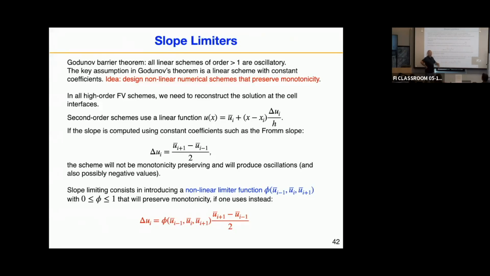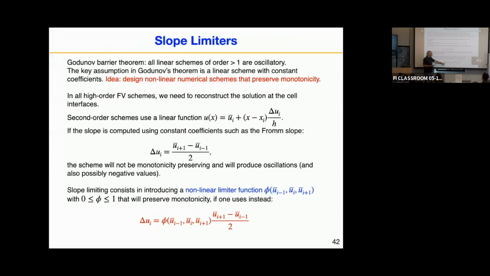Okay, and now of course we have to find phi. But if phi equals 0, then you're back to first order Godunov, and you know it's not oscillatory. So phi equals 0 is a solution, but then you're going to lose all the accuracy of the scheme, right? But at least you know that phi equals 0 at a certain location in your solution might help prevent those oscillations.